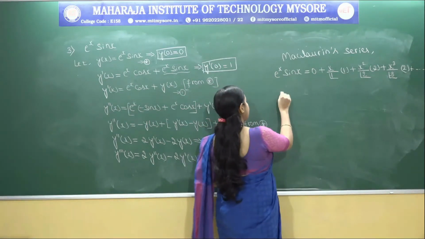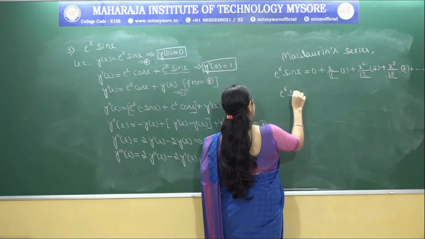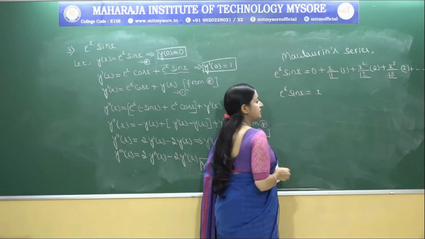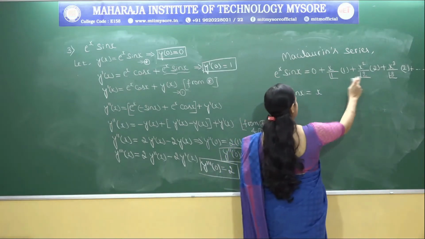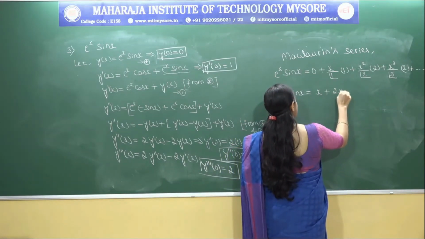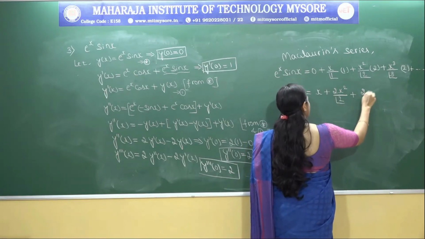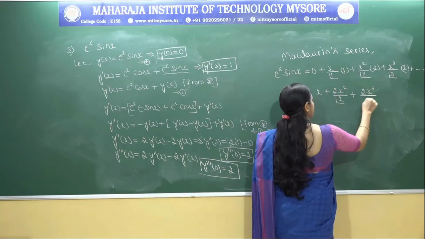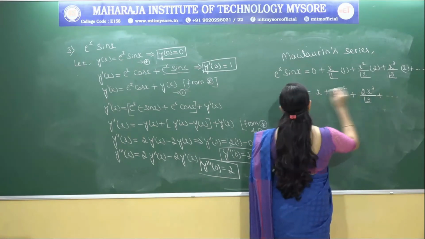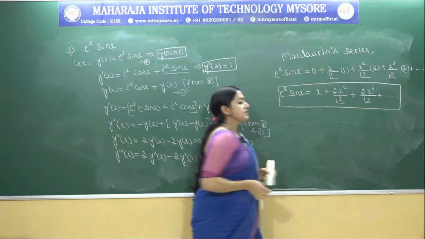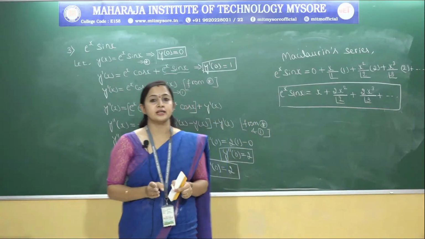Simplify this, you will get the e power x sin x. First term is x, the second one, three factorial. There is the expansion of e power x sin x.